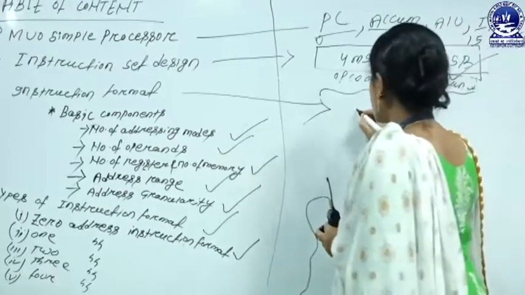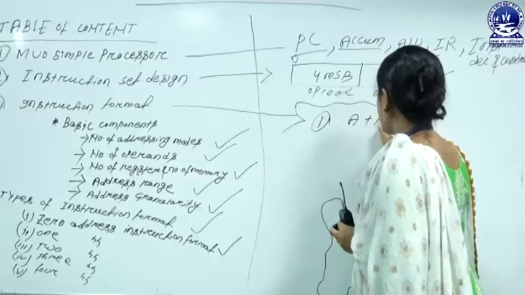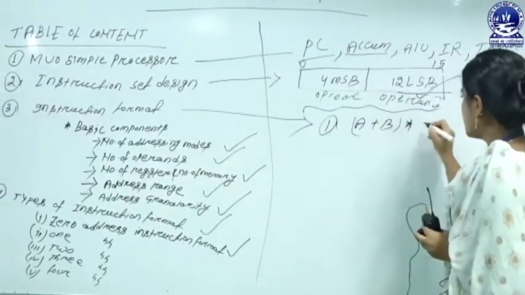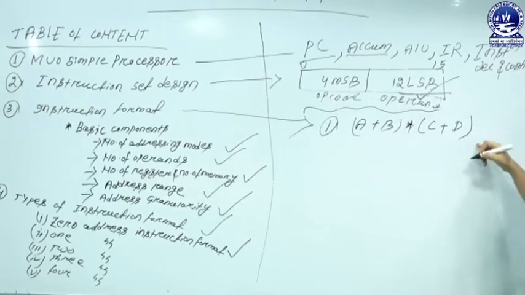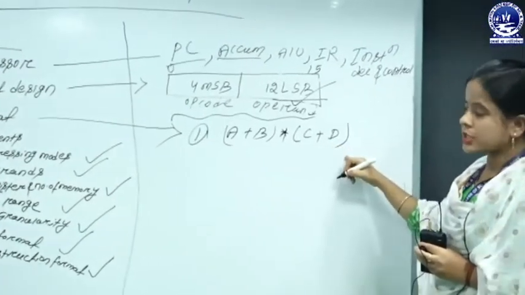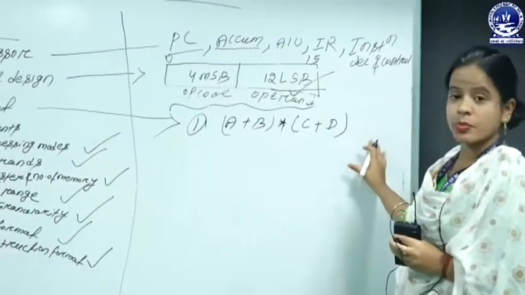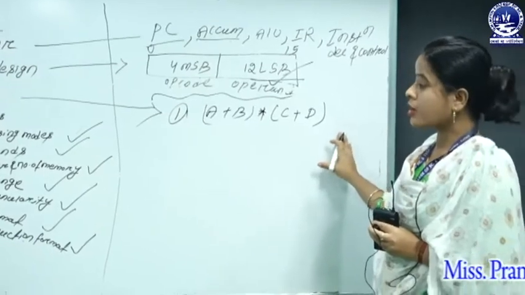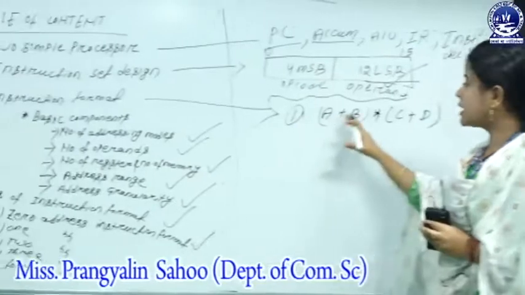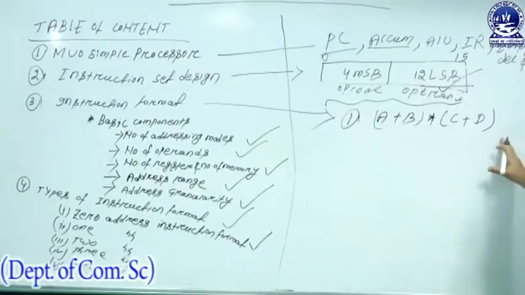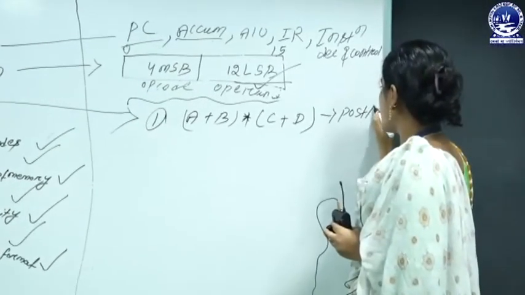Suppose the expression is A plus B into C plus D. Now you have to execute this expression by using your zero address instruction format. Whenever any arithmetic expression is to be executed by using zero address instruction format, first you have to convert this expression into the postfix format.